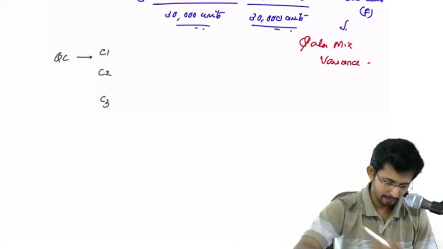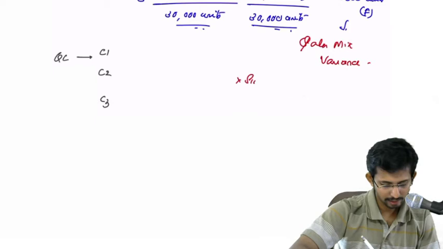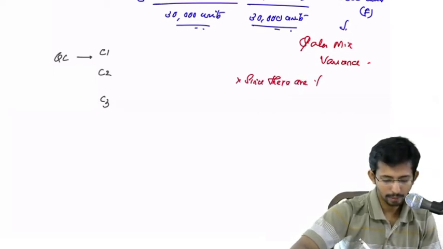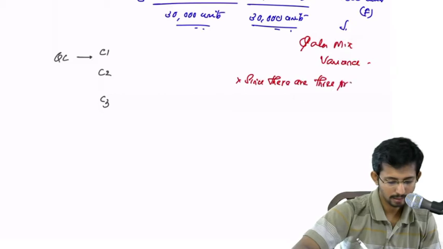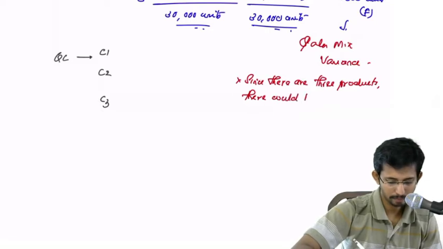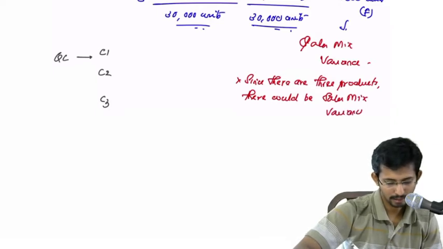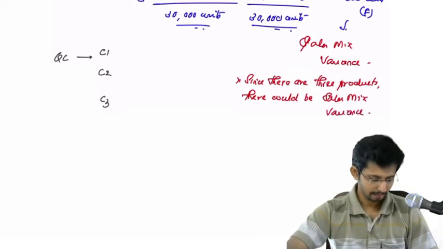So you can write that since there are 3 products, there could be sales mix variance. Is it clear?